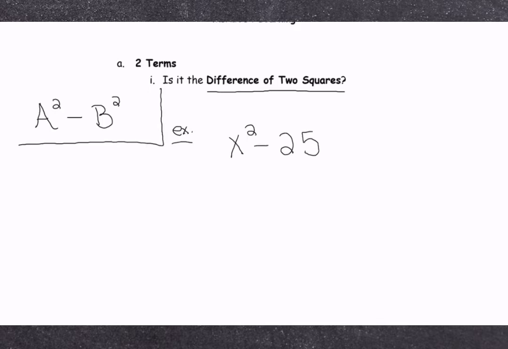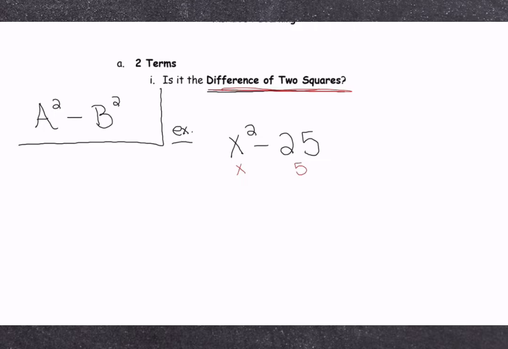How many terms do you have? 1, 2. Okay, 2 terms. And can you take the square root of each one of these terms? And that answer is yes, because the square root of x squared is x. The square root of 25 is 5. That's how I know I have the difference of two squares, because I can take the square root and I also have a subtraction sign in the middle.